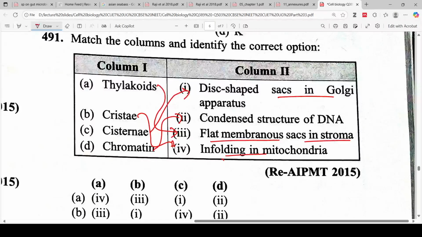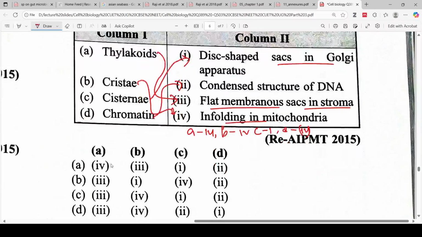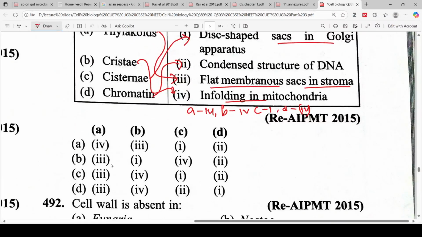So if you match correctly, A matched with 3, B matched with 4, C matched with 1, D matched with 2. So the correct answer here is C.